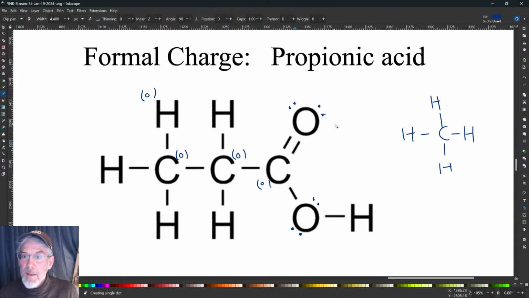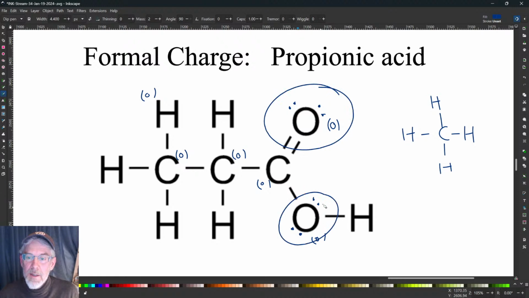So double bond is 0. Down here, we have 1, 2 bonds and 2 lone pairs. So it's really the same, 0. So like absolute 0 said, everything here is going to be 0. But watch out for these extra electrons that they don't show you.